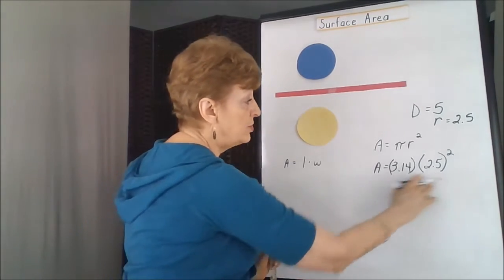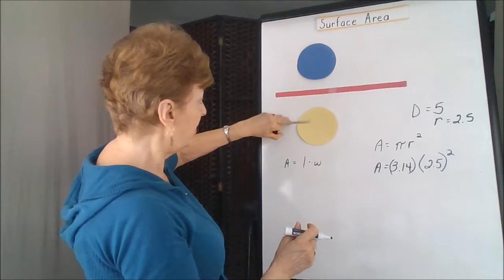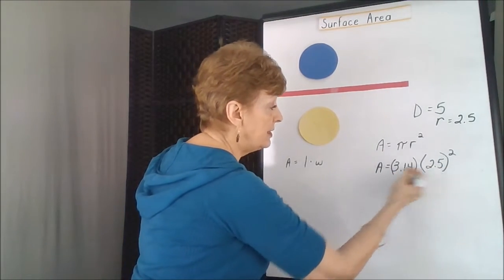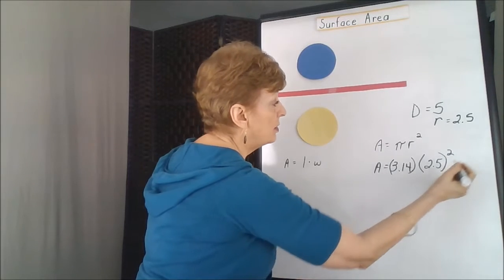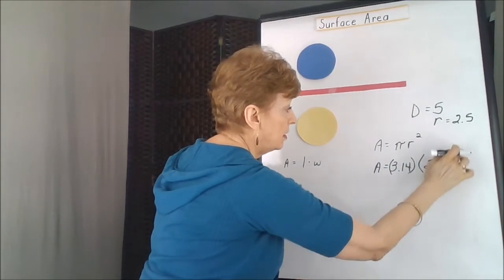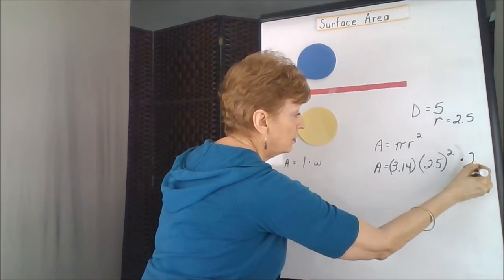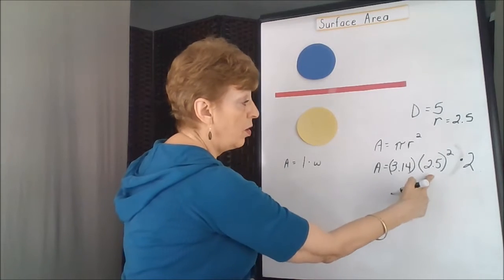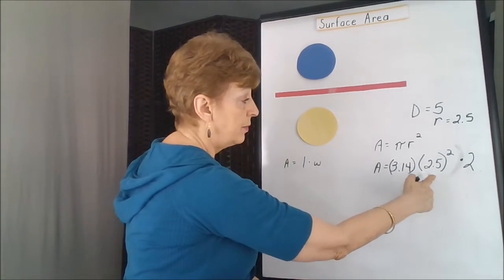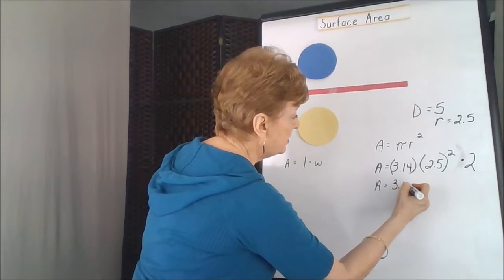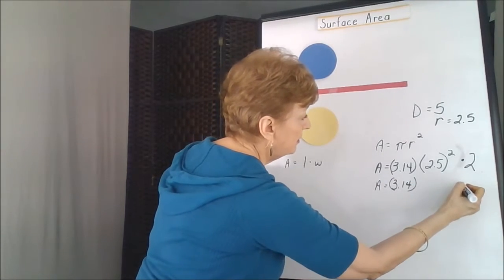That's only for one circle, though. We have a blue and a yellow circle, so all of this calculation has to be multiplied by 2. I'll do it this way, times 2. All right, so order of operation tells us that we have to do our exponents first. I'm going to copy down what I'm not using so I don't forget it. Times 2.